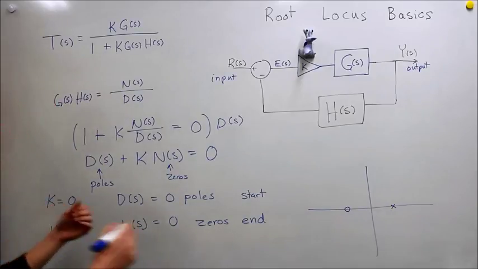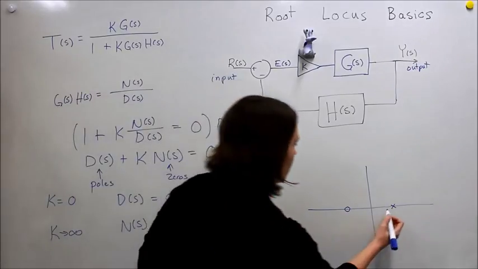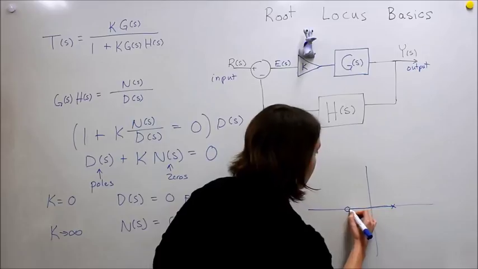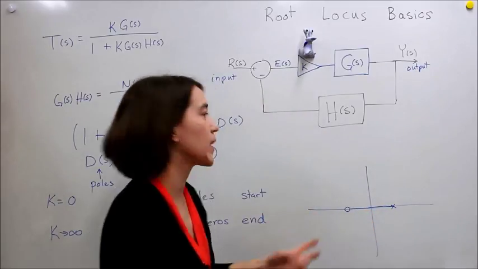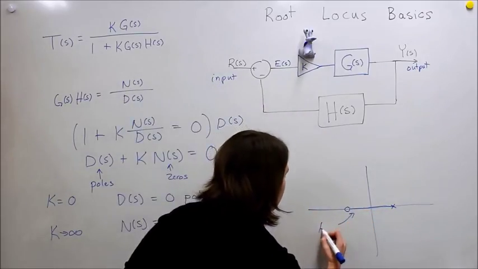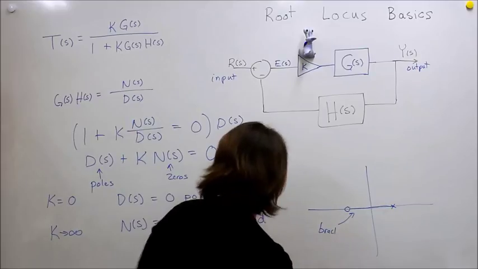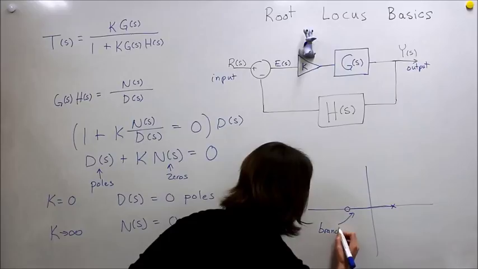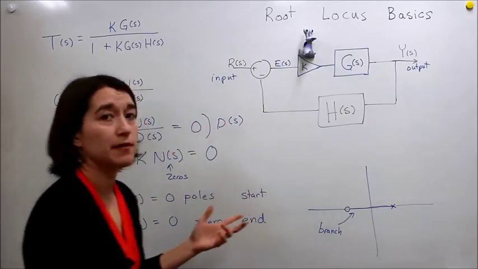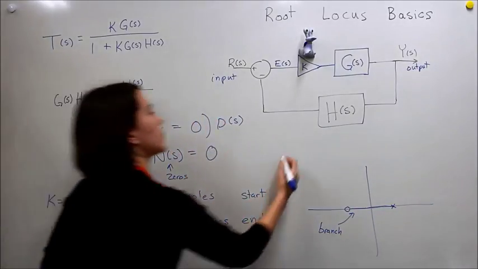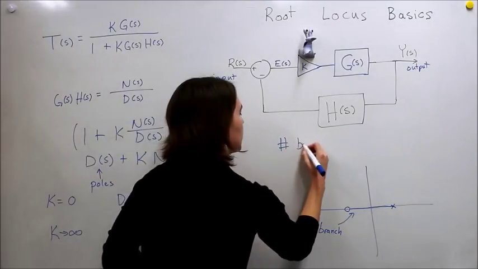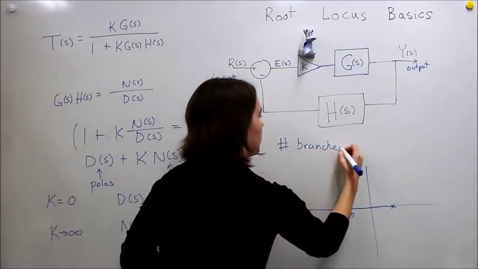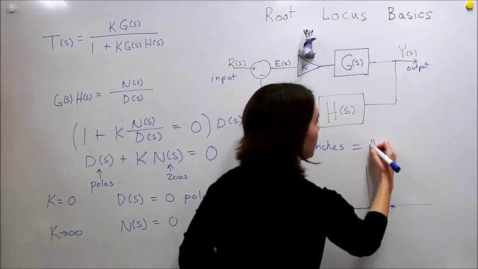Also note that we're going to have a bunch of different lines going through here. This line will look like this. That's one branch, is what we call it. And the number of branches for a system is equal to the number of closed loop poles.